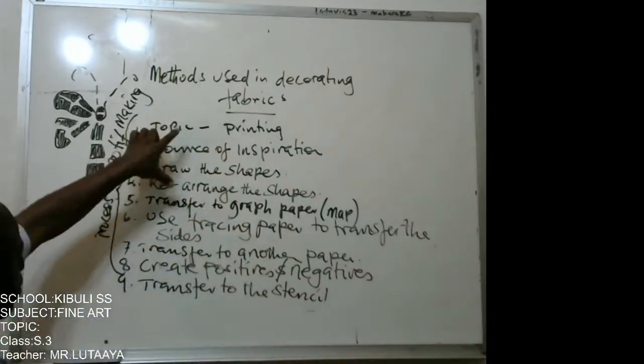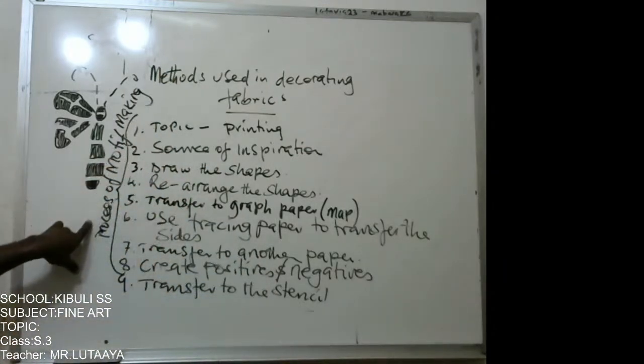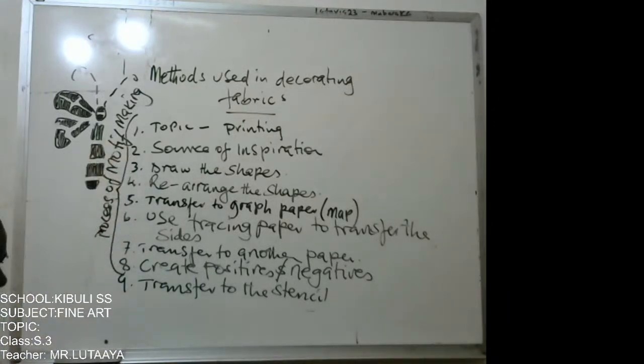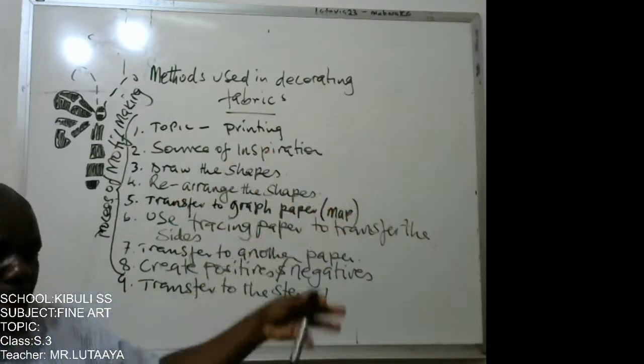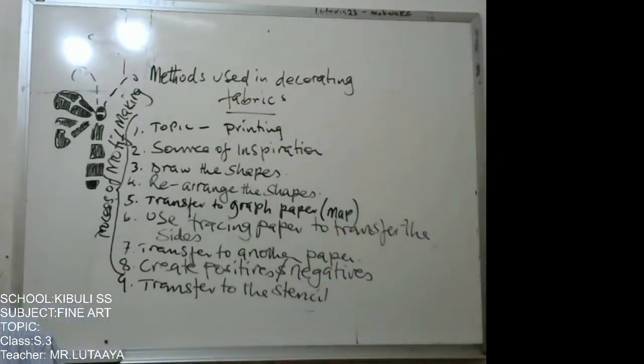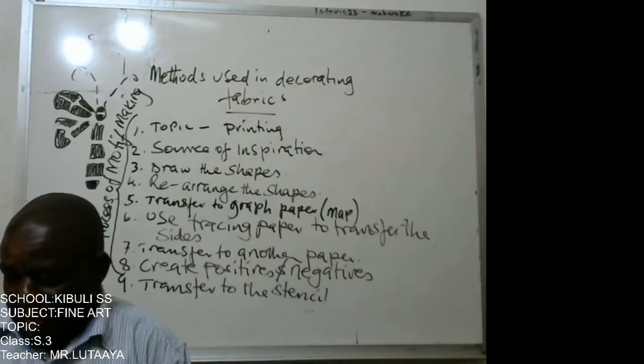So all these stages are leading us to making what? The motif. As we are saying, a motif is the repeated part of the design that is repeated several times on a surface to make an appealing design to look at or to suit our interest.